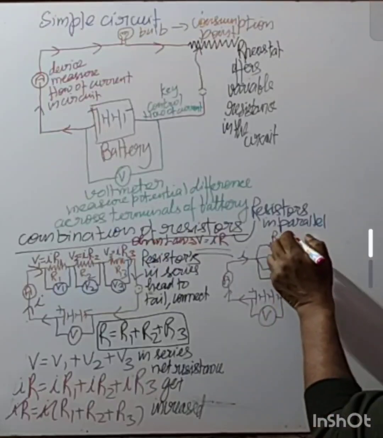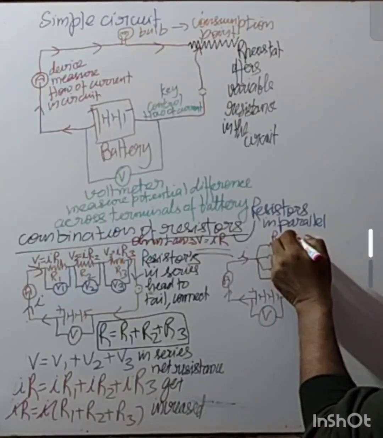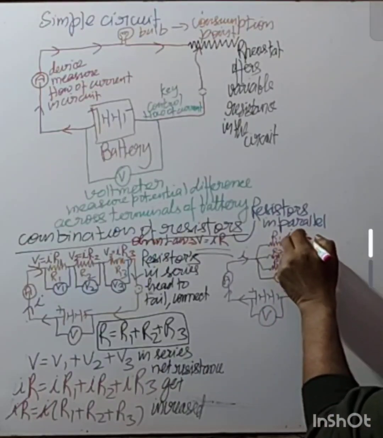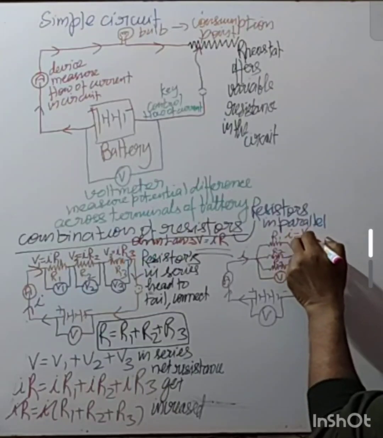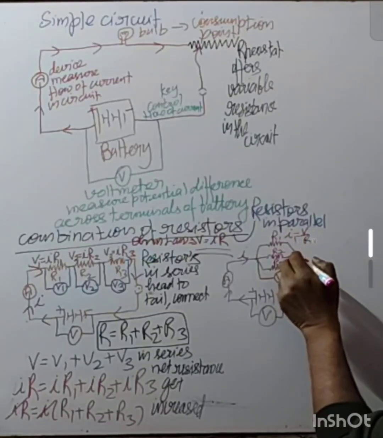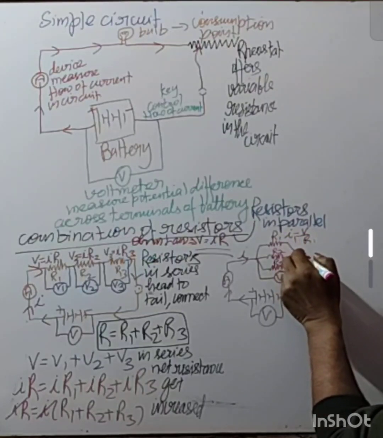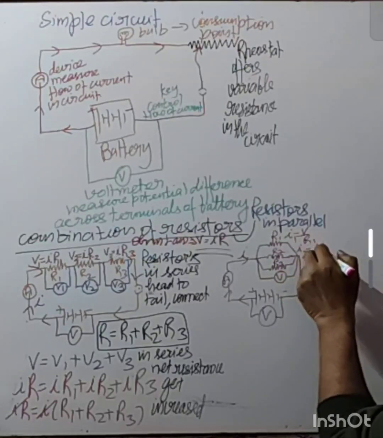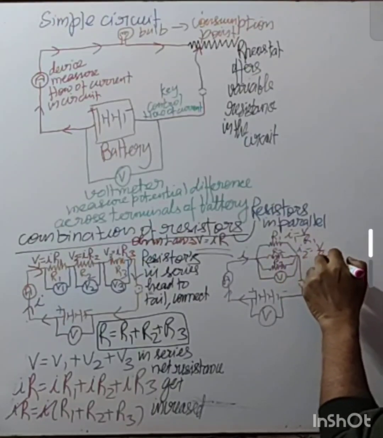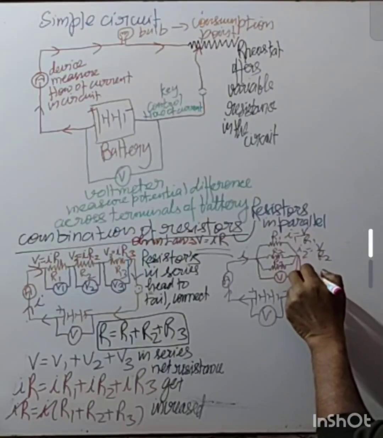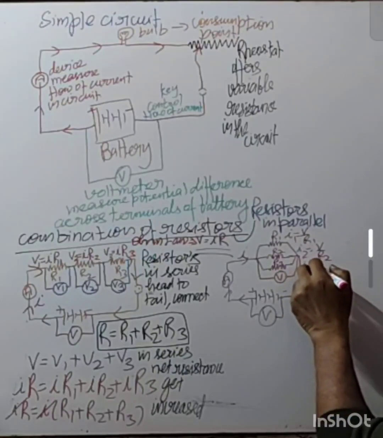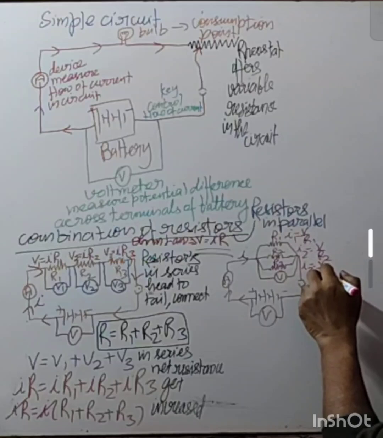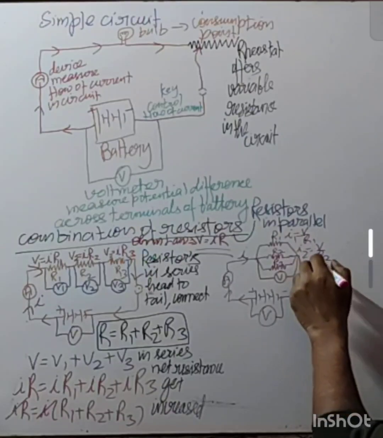So I1 is equal to V upon R1, I2 is equal to V upon R2, and I3 is equal to V upon R3. Getting?